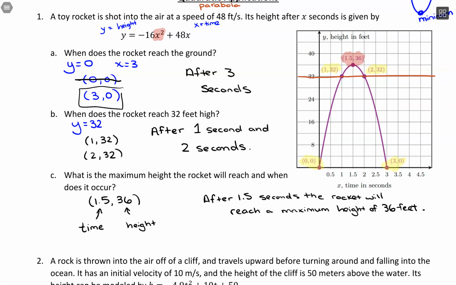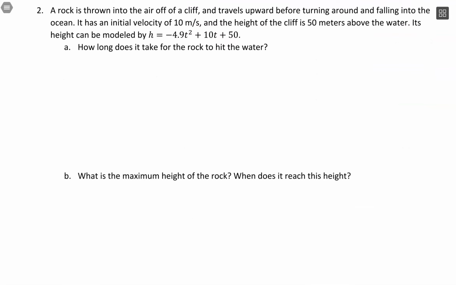So we're going to have a rock is thrown into the air off of a cliff and travels upward before turning around, falling into the ocean. So if we want kind of a visual here, let's see, we're on a cliff and we'll have our person there and we're going to have the ocean down below. And what we're going to do is throw a rock.